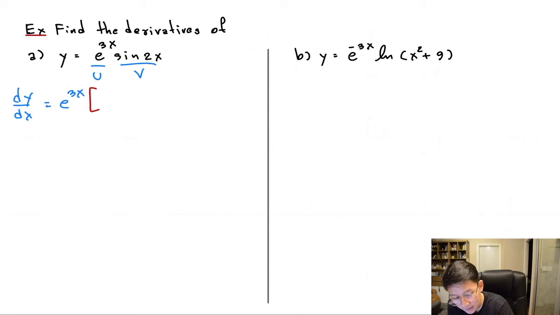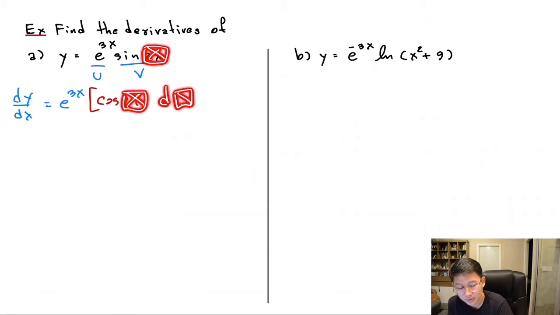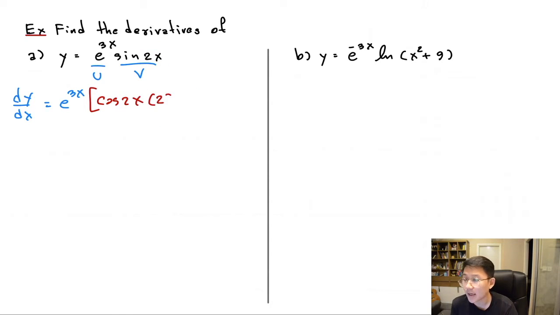So you look at this as the big X. So derivative of sine x is cos x. See? Derivative of sine x is cos x. And then you need to take d of big X by dx, right? For chain rule. So d of 2x is actually 2. And that's it.